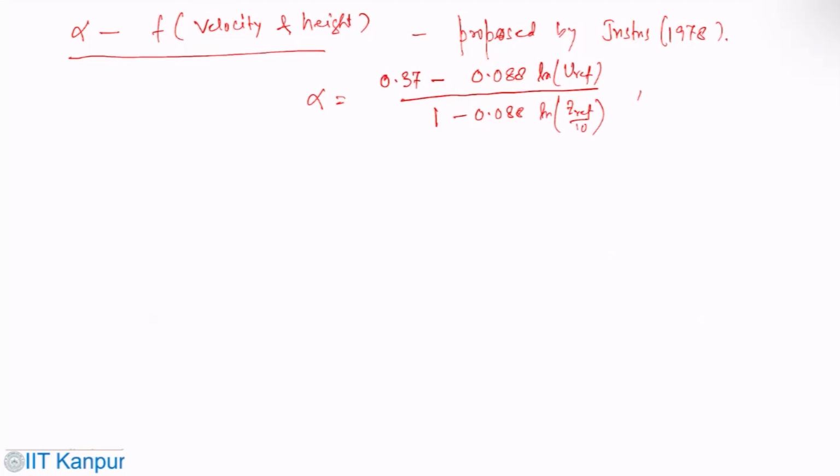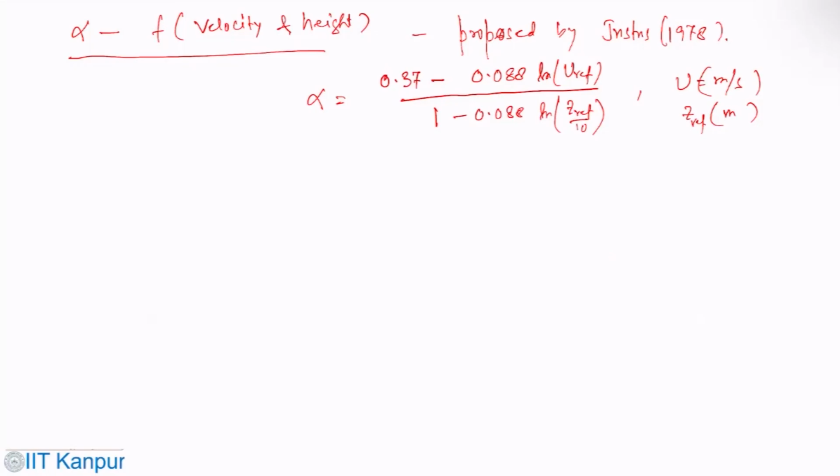Here U is in meter per second and Z is in meter. So this was given to consider the velocity and the height. So you get some variation of alpha, which can be used to estimate that.